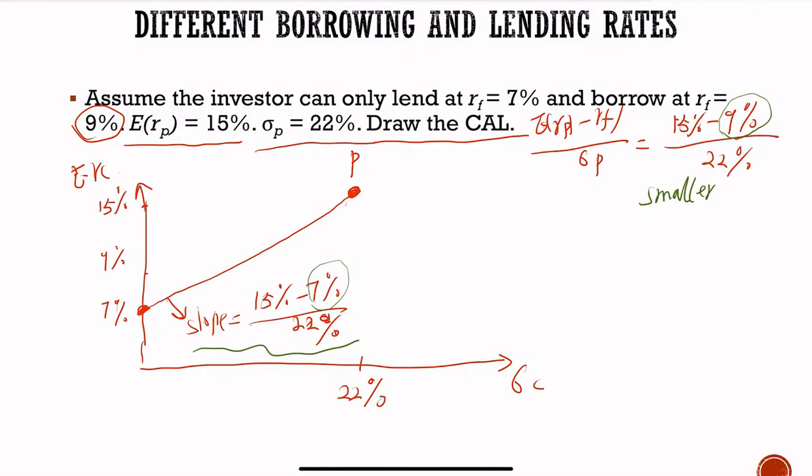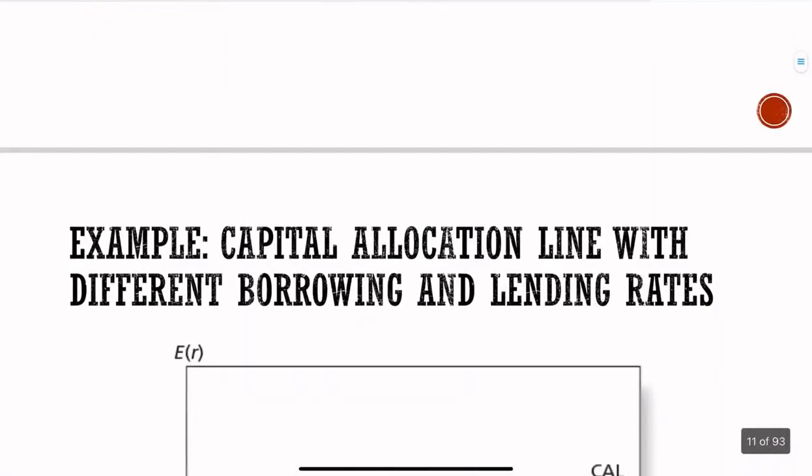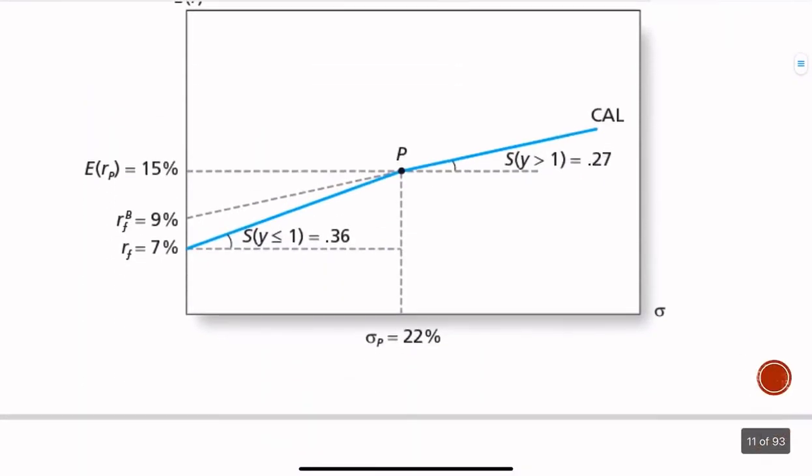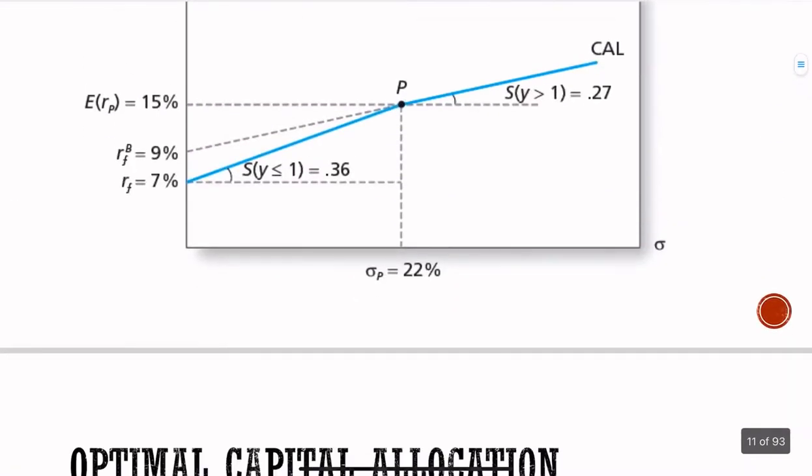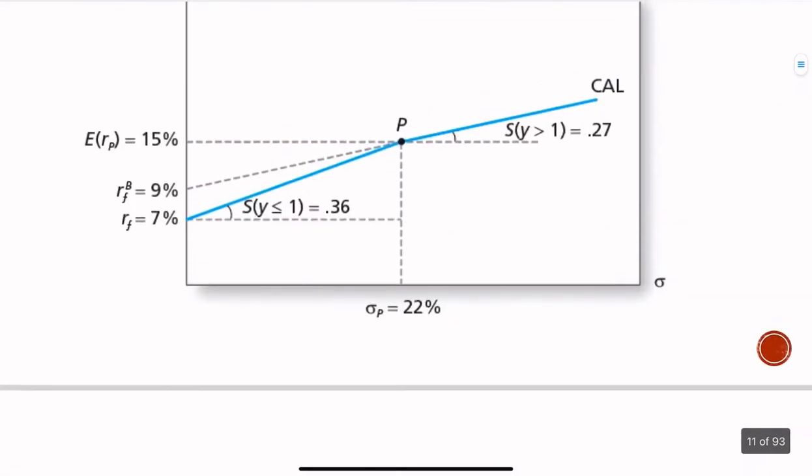How do you draw a smaller slope? Well, it's easy, right? Because it means the line should be flatter. So it looks like this, right? So you will basically have a kink at portfolio P. Okay, that's for today's lecture.